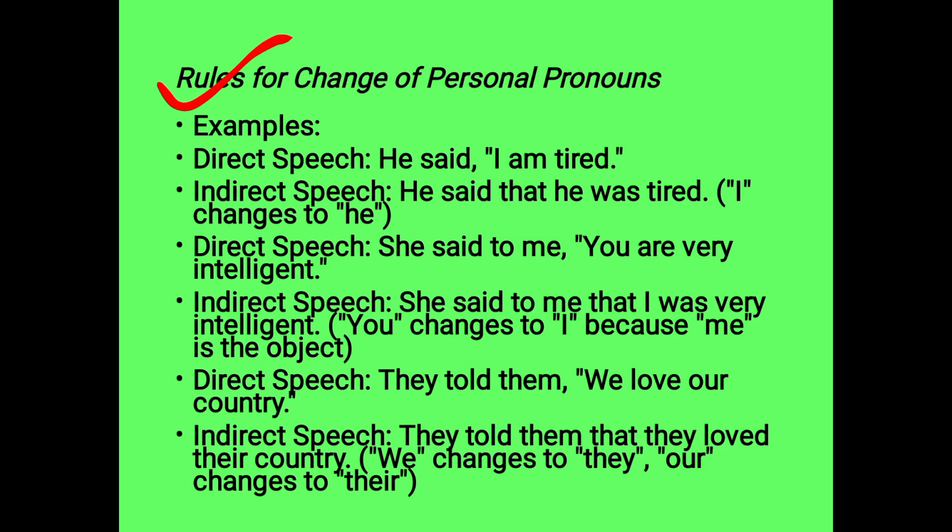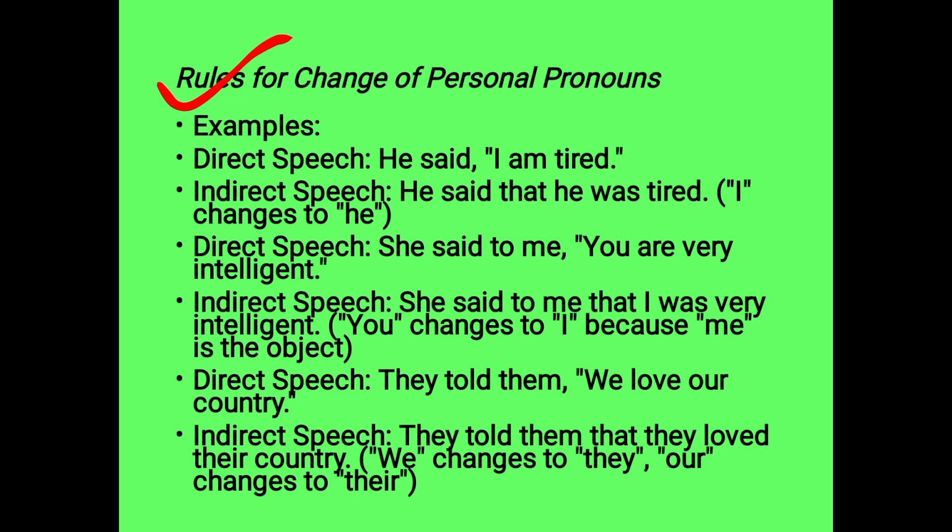Examples. Direct speech: he said, "I am tired." Indirect speech: he said that he was tired. You see that I changes to he. Direct speech: she said to me, "You are very intelligent." Indirect speech: she said to me that I was very intelligent.